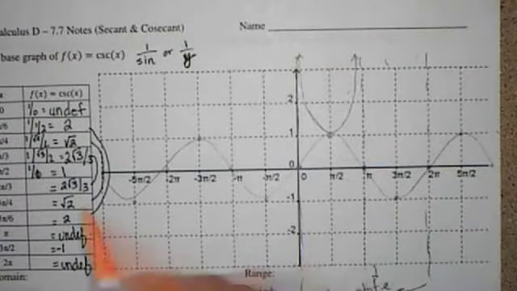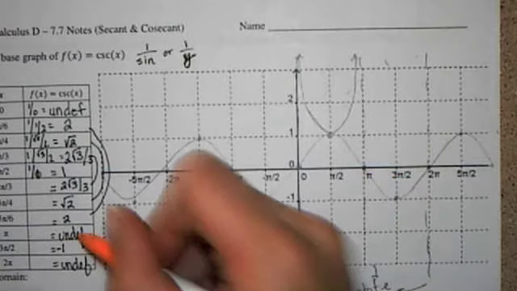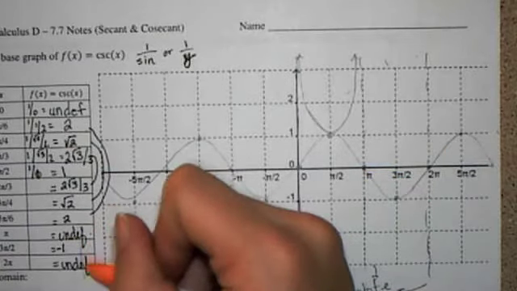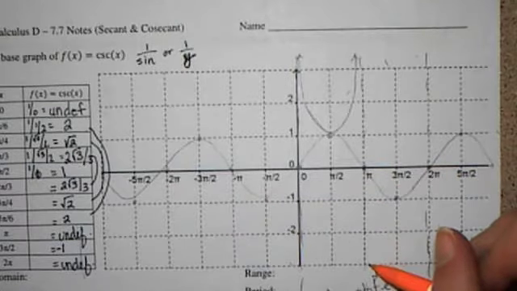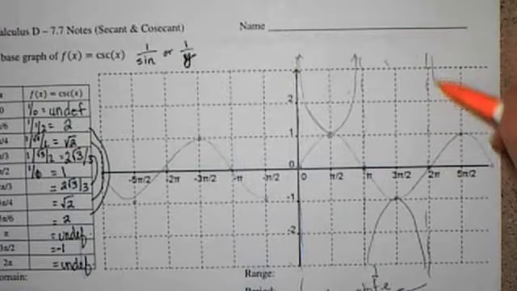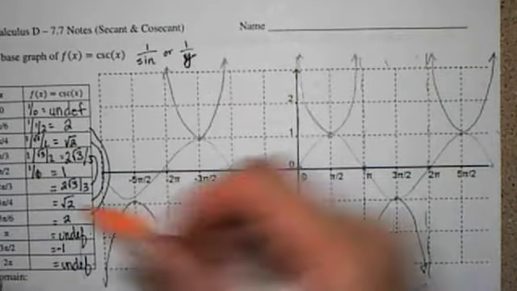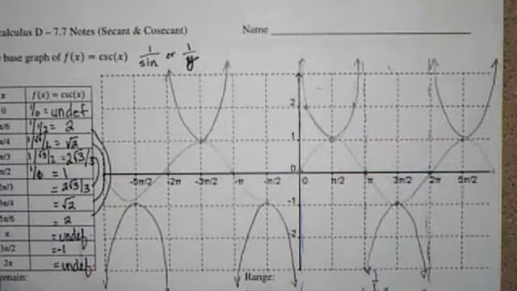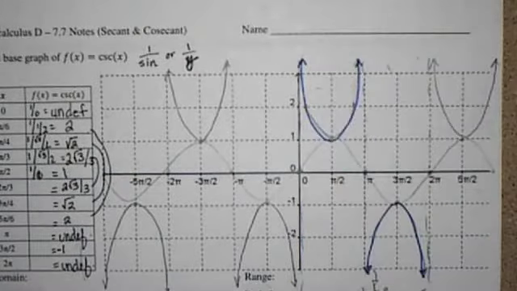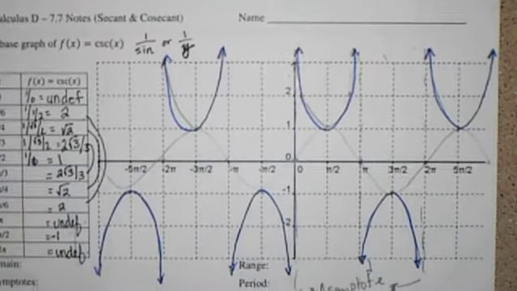I'm going to get one underneath between pi and 2 pi, we're in the negatives. And then I could keep going with the pattern here. So here's a rough sketch of what the cosecant graph looks like.